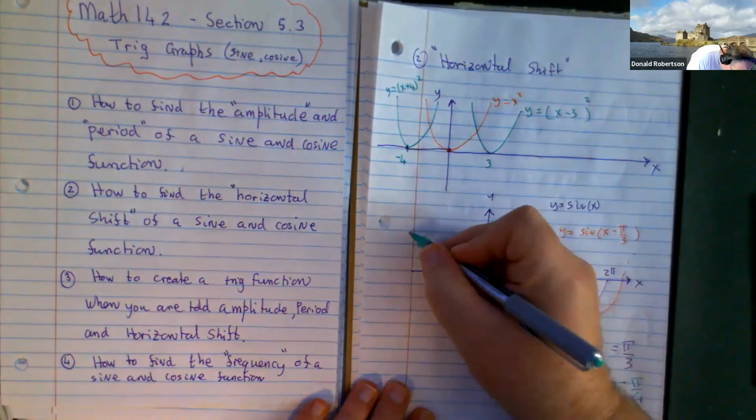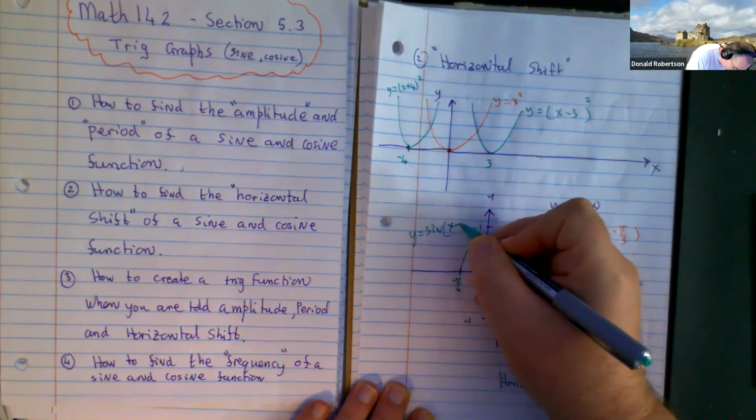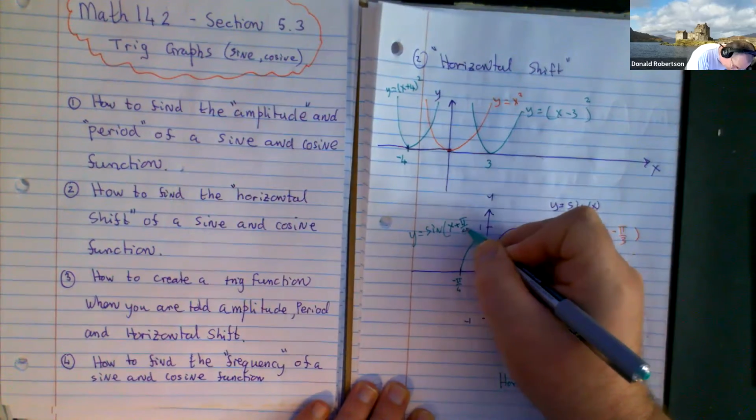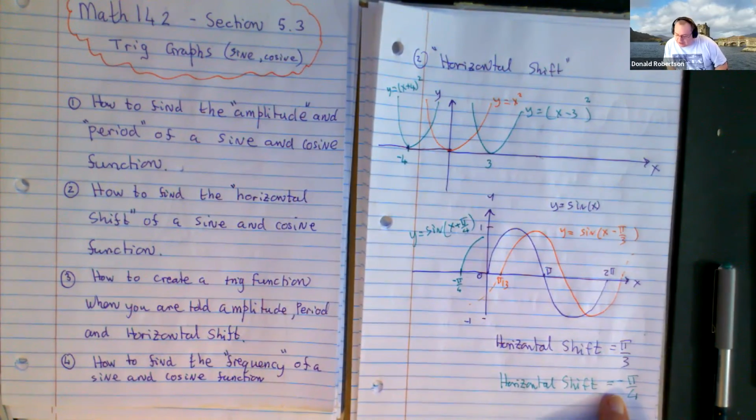And what would that look like? Well, it would look like this, the sine of x plus pi upon 4. Do you see that shifting to the left is a negative horizontal shift? Shifting to the right is a positive horizontal shift.